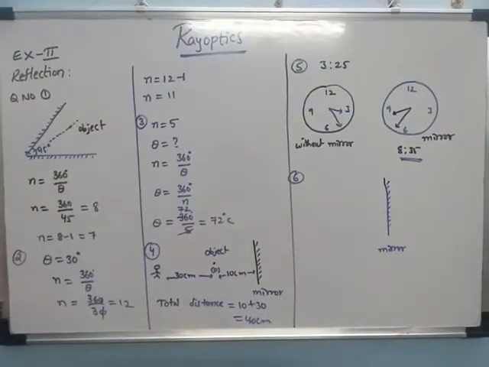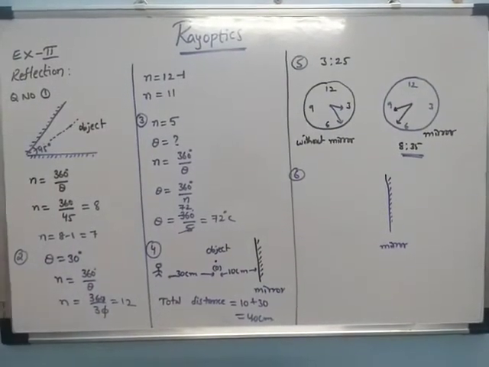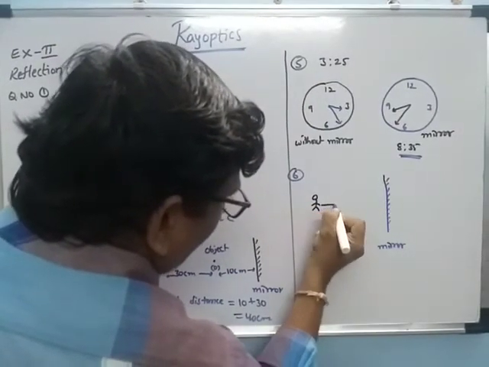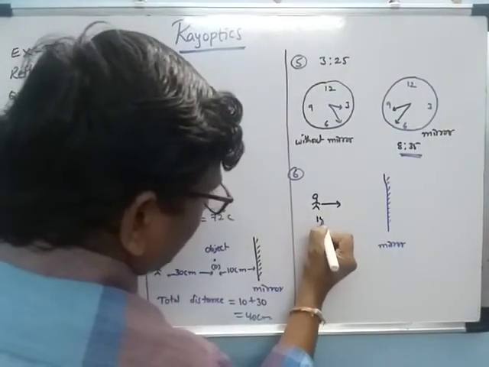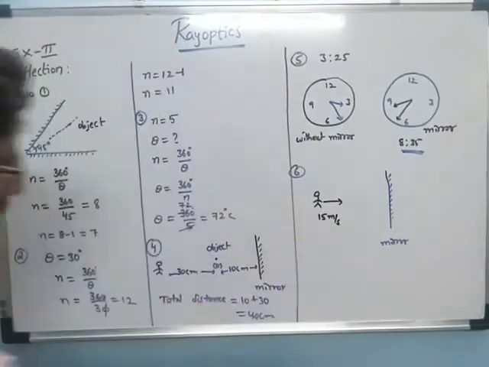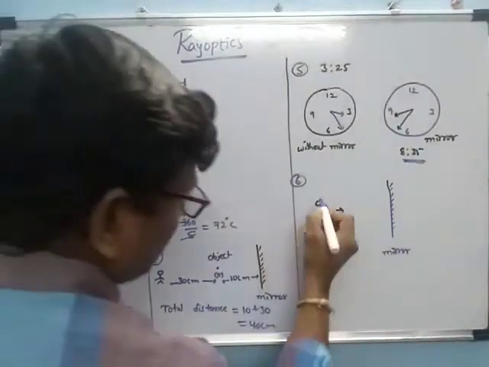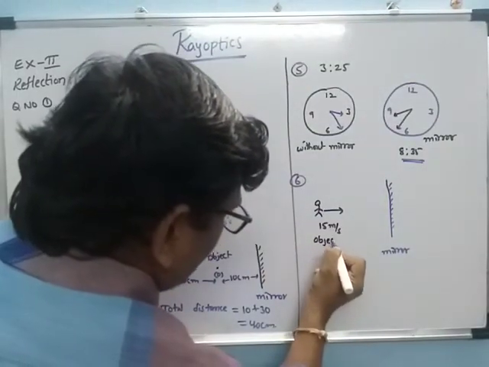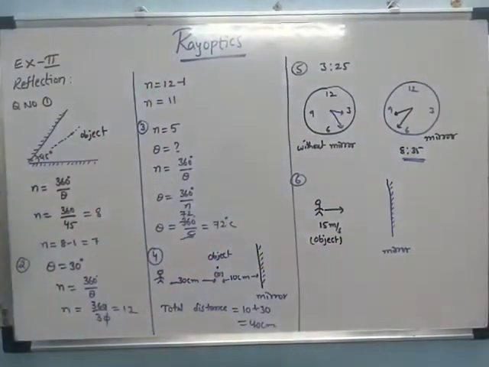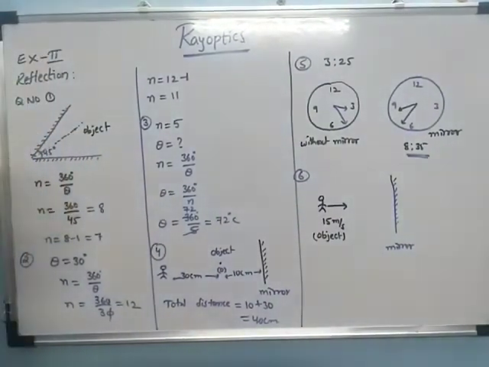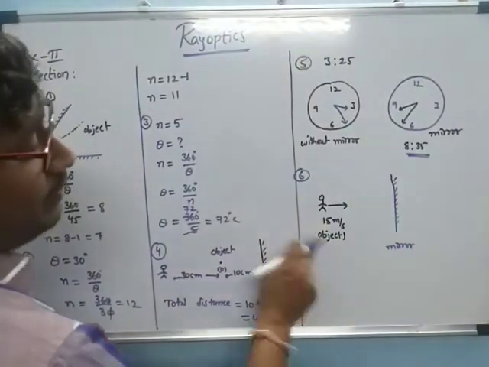The man moves towards the mirror at 15 meters per second. This is considered the object. And we find the speed of the image with respect to the man.